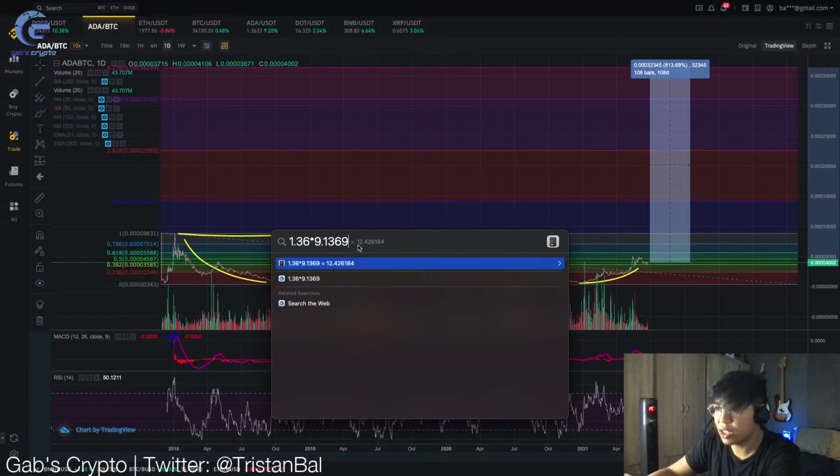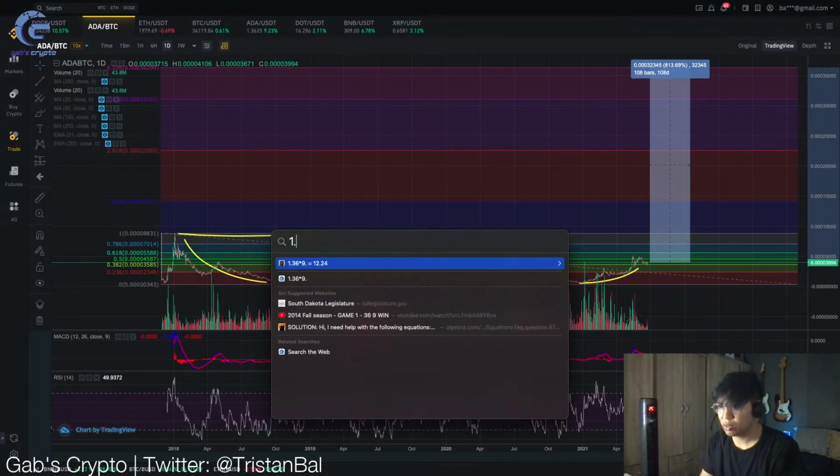Ito yung possible na pwede natin makuhang price for Cardano, pero not more than $12. So this could pump at least $3 and a maximum of around $12. Cardano would go higher than $3, pero not higher than $12.